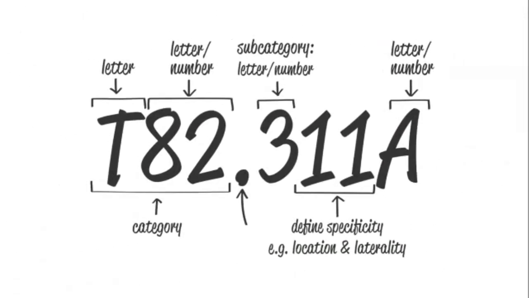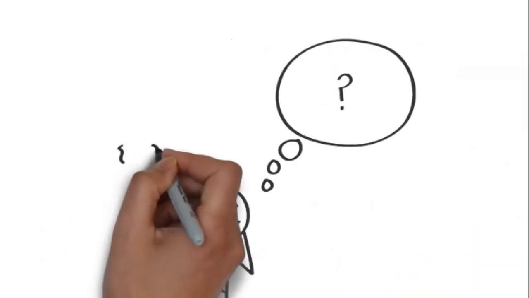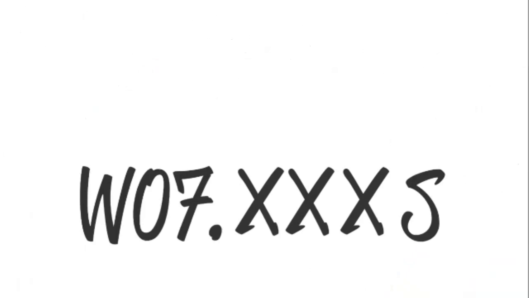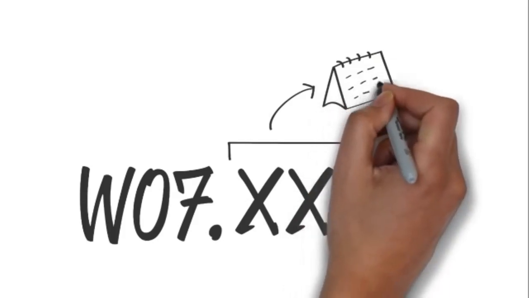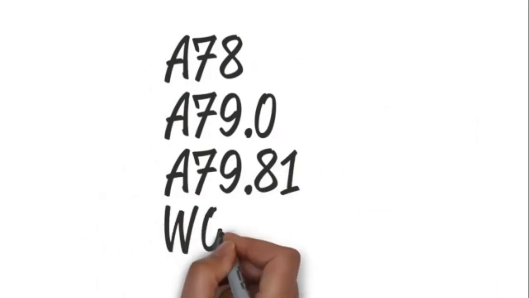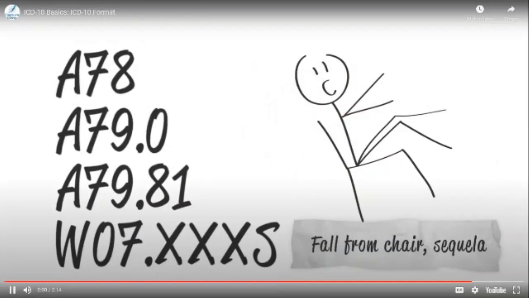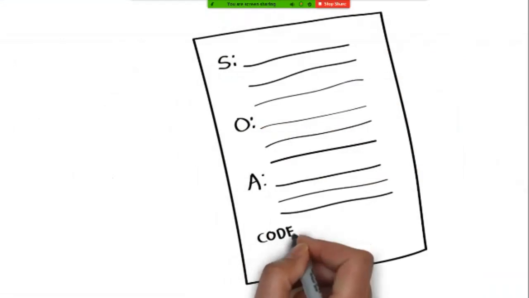Some codes need the 7th character, but don't need the 4th, 5th, or even 6th character. So, what do you do in those cases? How nice that ICD-10 thought of that. It uses an X as a placeholder. ICD-10 does this to be able to expand the code set in the future to be more specific. So, as we go from 3 characters to 4, 5, or more characters, the diagnosis becomes very precise, which is the whole point of ICD-10. Oh, and did I mention? Your documentation has to be even more detailed nowadays too. Nuts, huh?